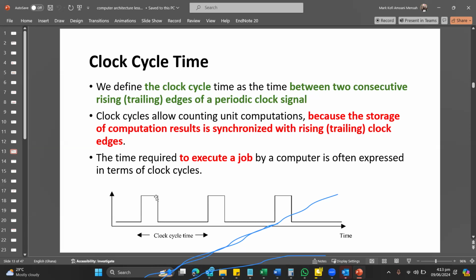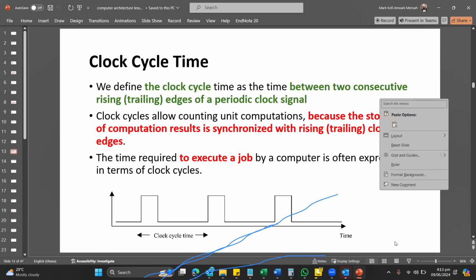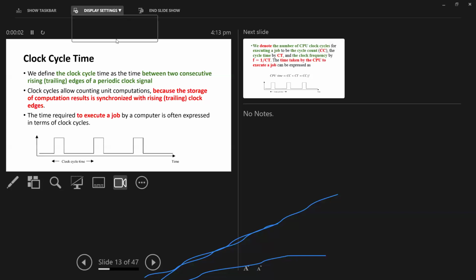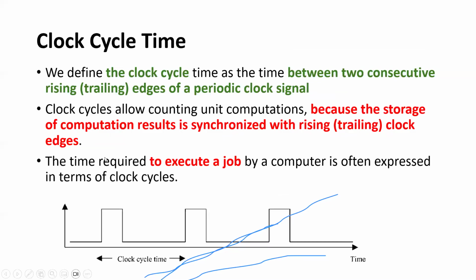If it rises up to here and ends here and it gets up to here, then I have a... give me 1 second. Let me do this. Great. So if it rises from here to here, gets here, comes here, goes down here, and gets over here, then I have a clock time.